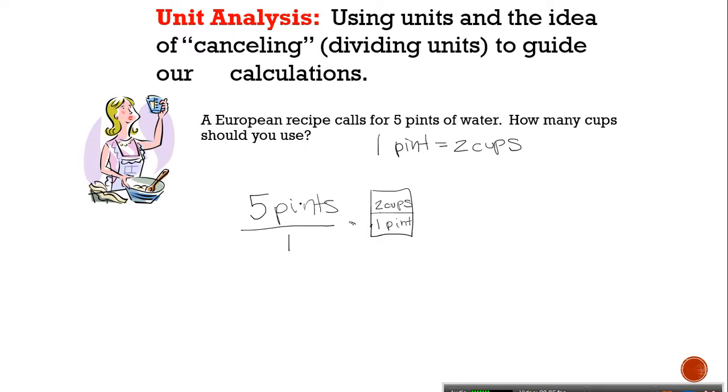Remember, if you ever have something in the numerator and something in the denominator, you can always cancel it out. So pints can cancel out here, and pint can cancel there. If you notice, I just have cups left over, which is exactly what I wanted for an answer. So now I want to multiply just like I normally would for fractions. I'm going to do 5 times 2, and I get 10 cups, and 1 times 1, which is 1. So this is 10 cups. So make sure you write this one down.